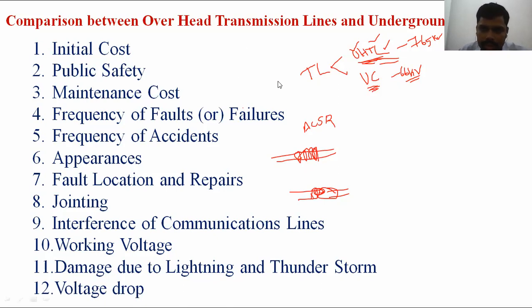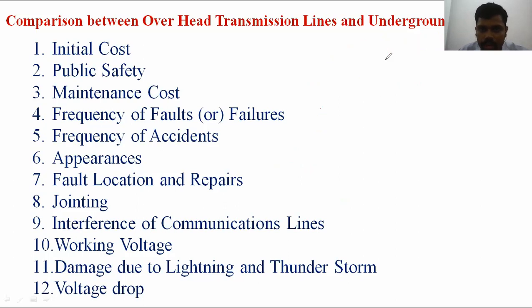In today's class, we have discussed how power is transferred from the generating station to the distribution system, and based upon the operating voltage, how it is classified into primary and secondary transmission and primary and secondary distribution systems, and what is the necessity of transmission and distribution lines.